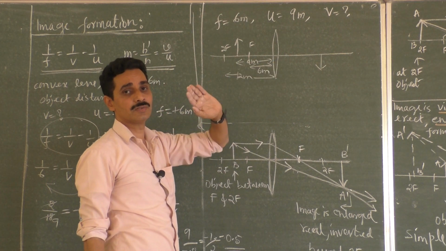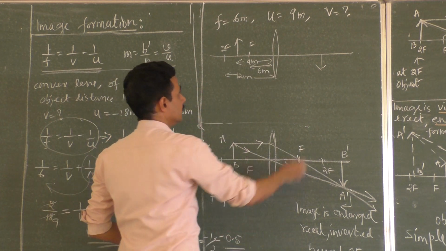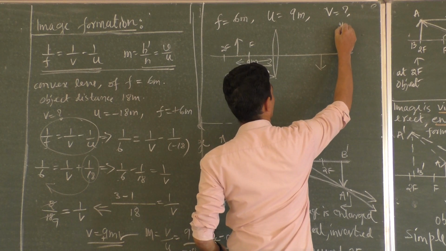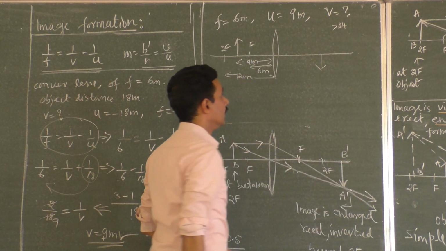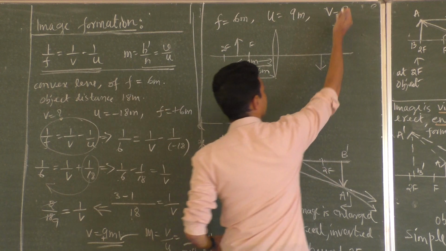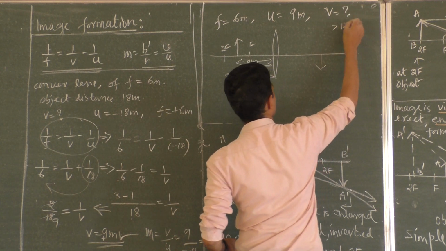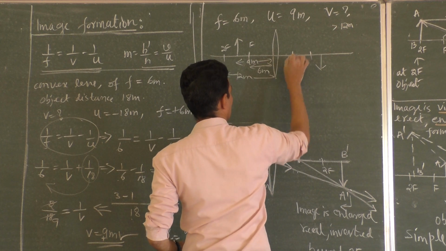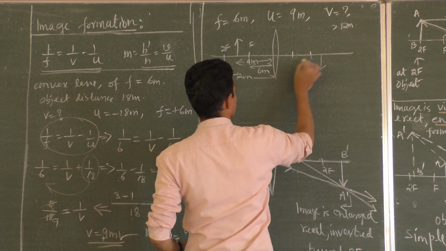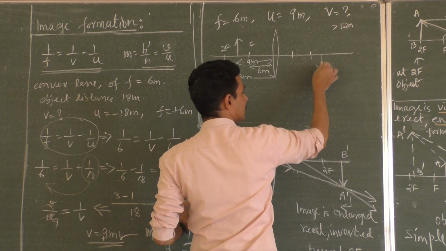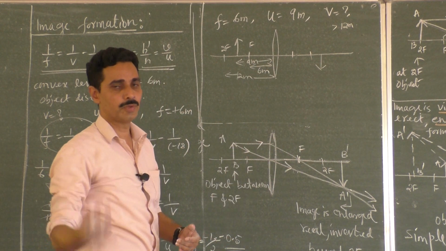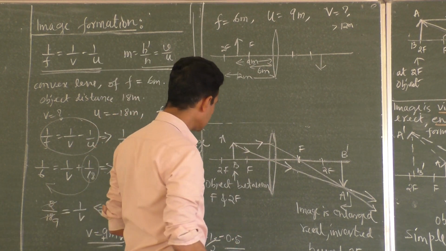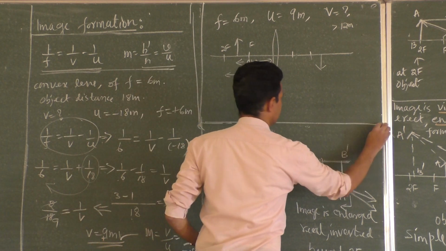That means your answer should be beyond 12 meters, because focal length is 6 and 2F is at 12, so the image distance should be more than 12 meters. Shall we get it? We will check it.